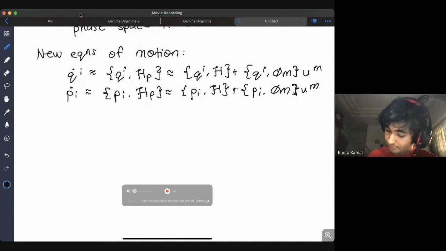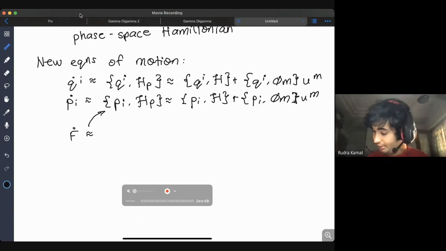Any function's time evolution in this constraint setup can be described as a Poisson bracket with the phase space Hamiltonian, and that then decomposes into a Poisson bracket with the gamma sub p Hamiltonian and the phi m constraint extension.